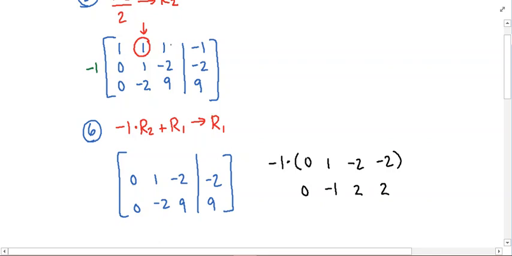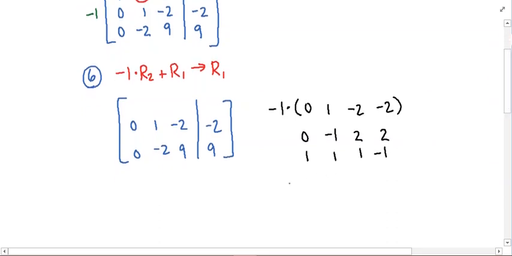So go back to the previous matrix, write down your row 1, and now we're going to add these numbers. That will be the new row 1. So if we add 0 plus 1, -1 plus 1 is 0, 2 plus 1 is 3, 2 plus -1 is 2 minus 1. That is going to be +1. So there is your new first row.